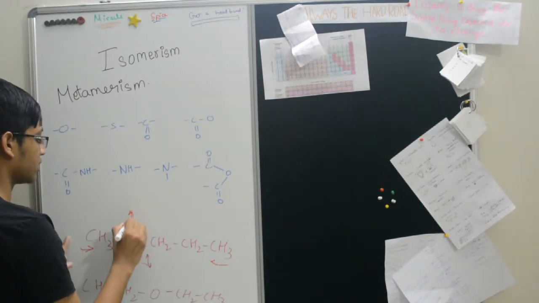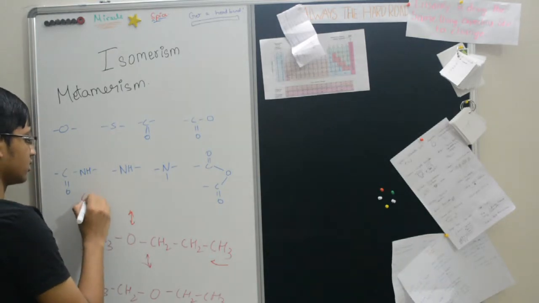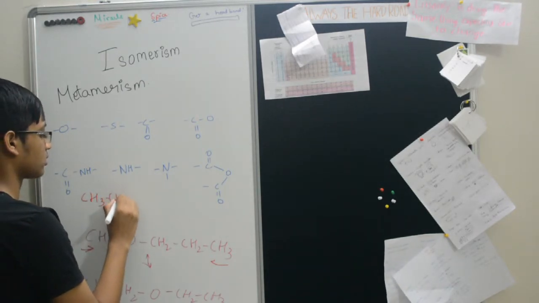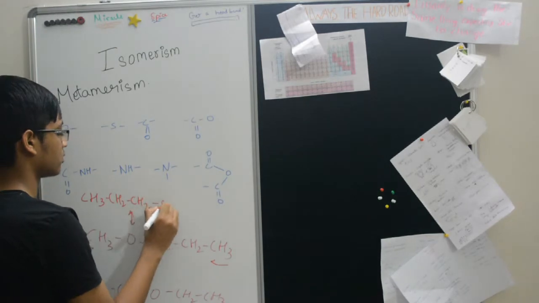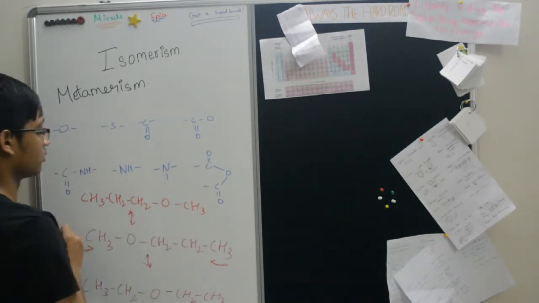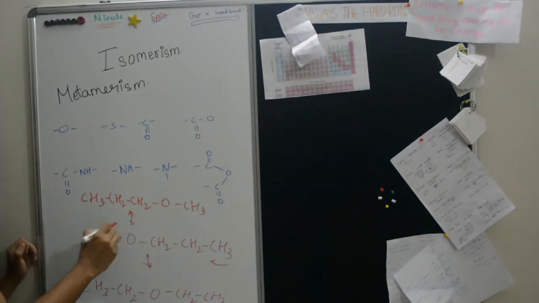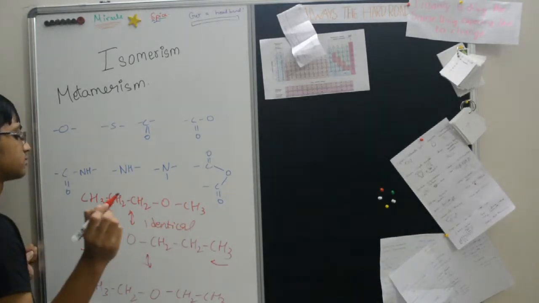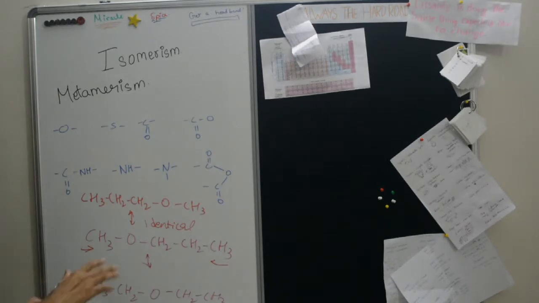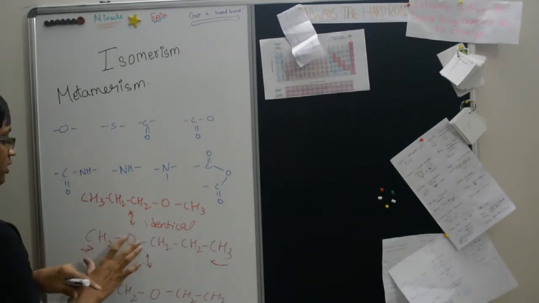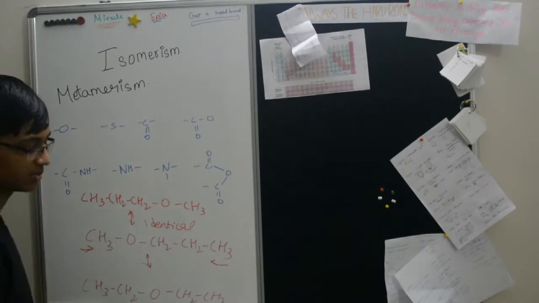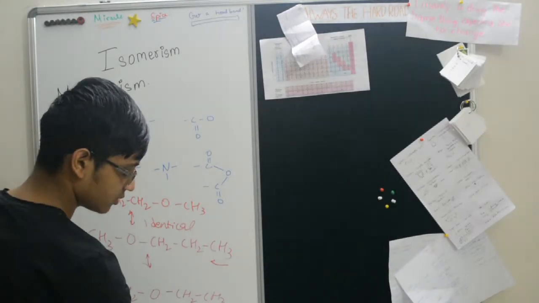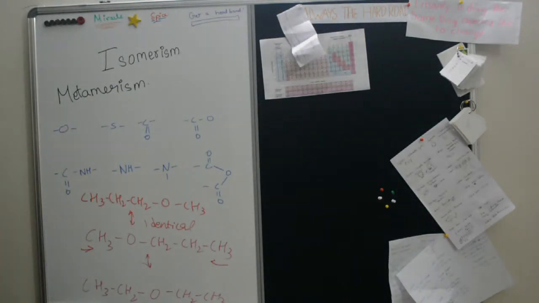So if for example you thought this right here would be a structure, then you would be wrong. These both are identical. How? If you just take the mirror image, then you can just superimpose and be the same thing. So that's all for metamerism, and next we have tautomerism.